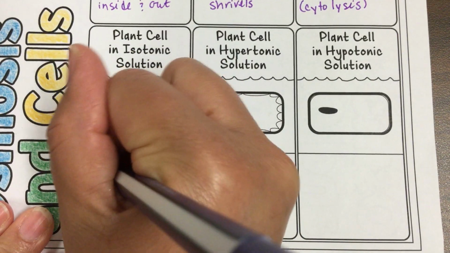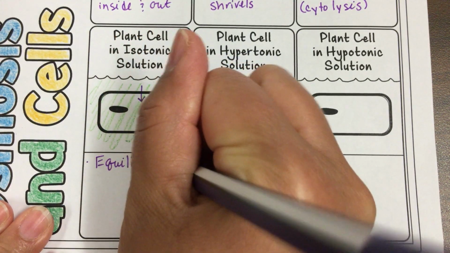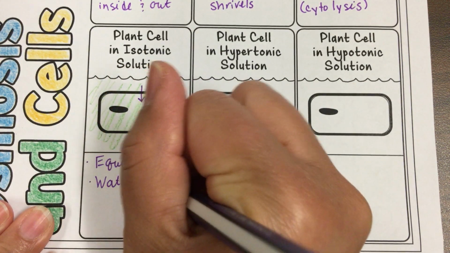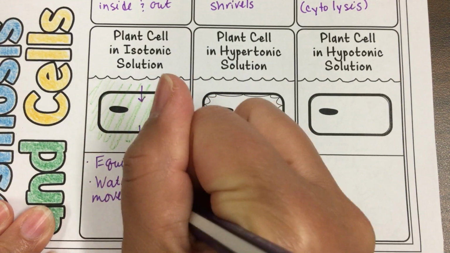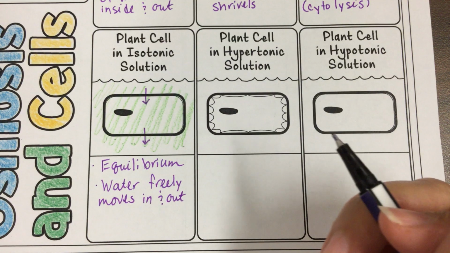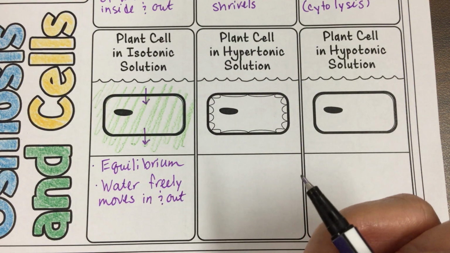It's at equilibrium. And so water freely moves in and out. The problem with this is that plant cells don't necessarily like isotonic solution.